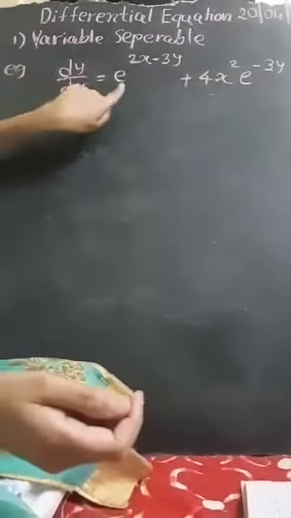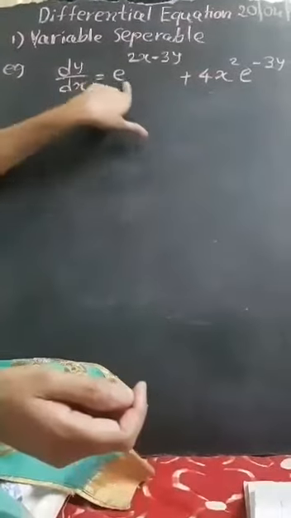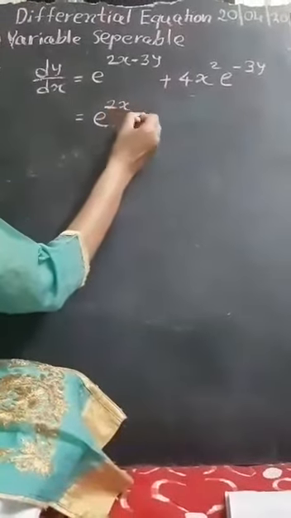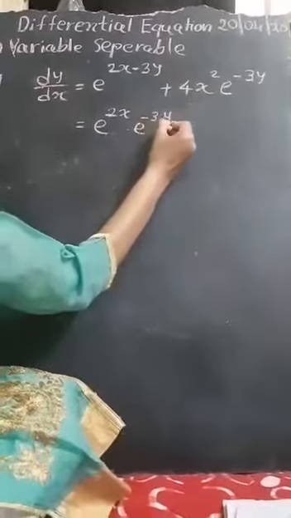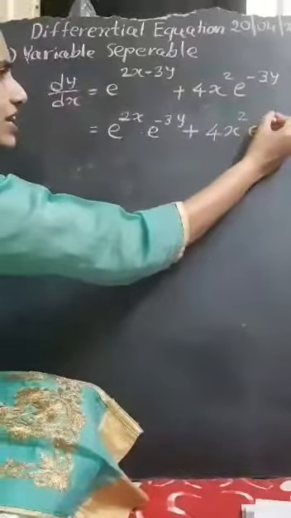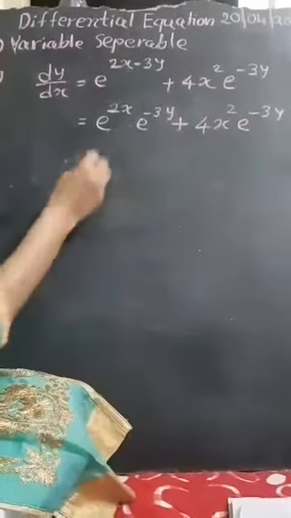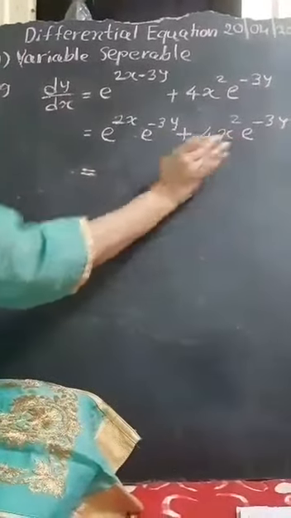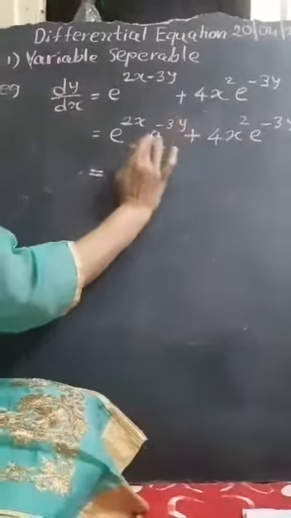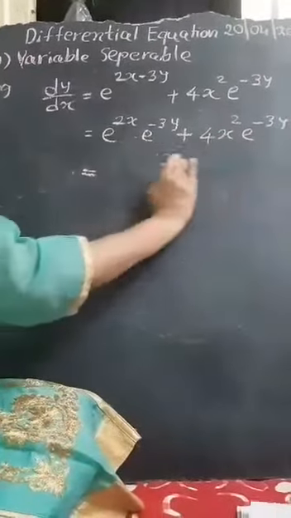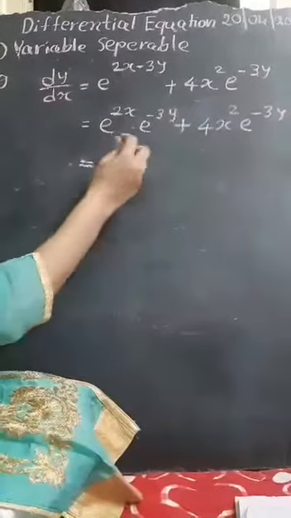Okay. So here we need to split this e raised to 2x minus 3y as e raised to 2x into e raised to minus 3y plus 4x square into e raised to minus 3y. Now can you see what is common in these two terms? E raised to minus 3y is present in this as well as the second term. So can we take e raised to minus 3y common?